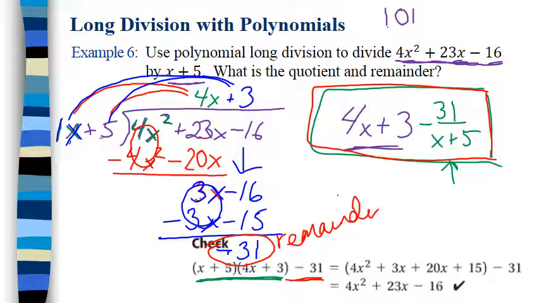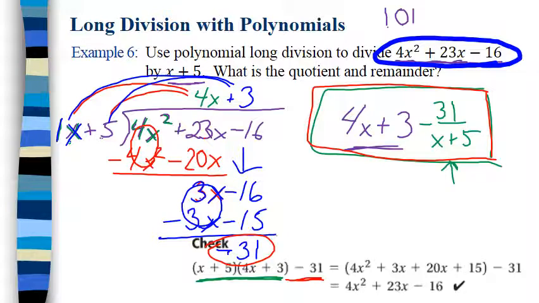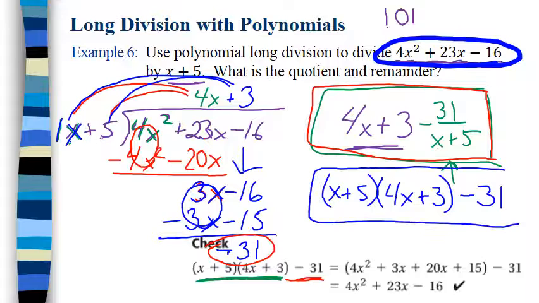Or we can rewrite the original polynomial, this polynomial right here, as equivalent to the factors of x plus 5 times 4x plus 3 minus 31. And there's our remainder. So these values, this polynomial, is equal to that polynomial.